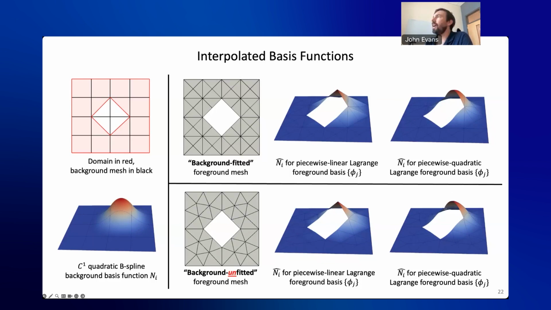And you can see in either case, all right, we actually get quite a nice representation with quadratics, even though both of these are not exact representations of the original quadratic B-spline basis functions, because this function is actually quadratic in both directions, while these approximations are simply quadratic rather than biquadratic.